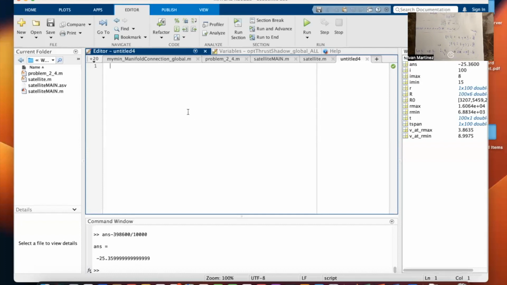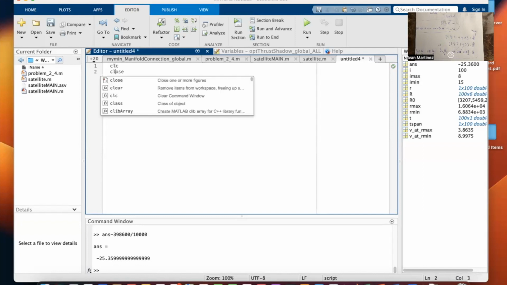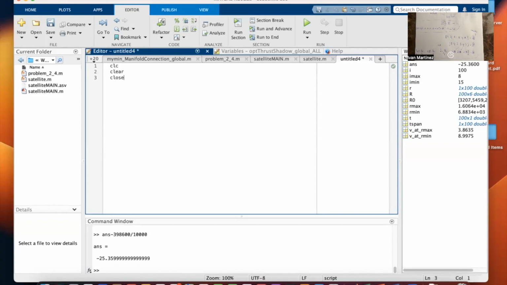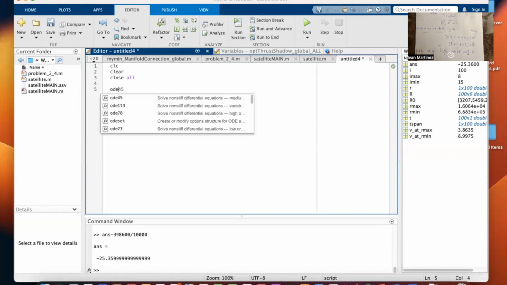Okay, here it is. Let's start from the beginning, just as we always do. Clear and close all. Okay. What do we want to do? We want to integrate. So let's just use the integrator, which is what? ODE45.